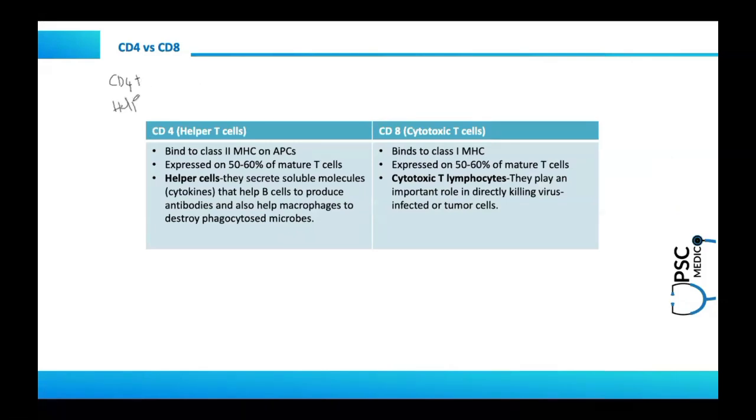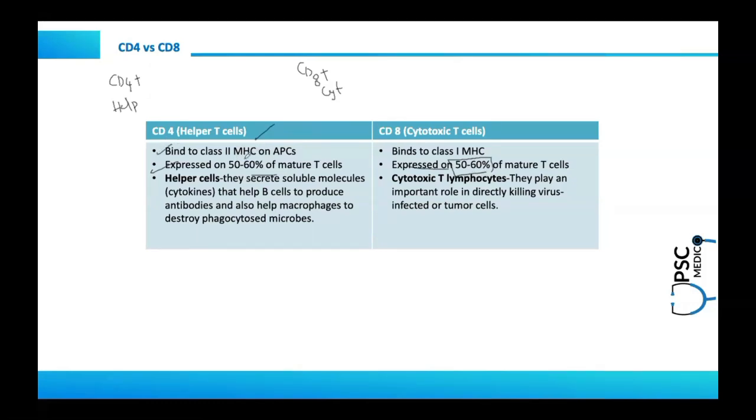So for T lymphocytes, we have come across two types. One is CD4 positive cells, which we also call helper cells, and the other is CD8 or cytotoxic cells. I need not explain all these things now. 50 to 60% of the mature cells are CD4, but I don't think it is 50 to 60, it should be less.